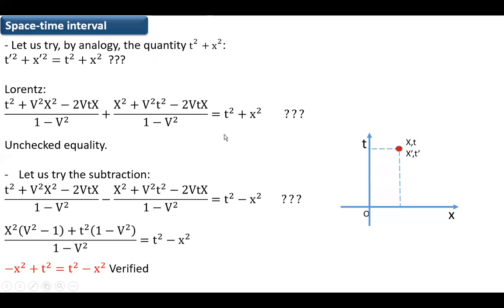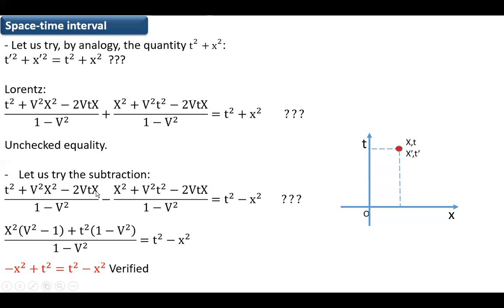So let us try with the quantity t squared minus x squared. Is it equal to t prime squared minus x prime squared? Let us see. So this is t prime squared minus x prime squared. If you put x squared as a common factor, you will get v squared minus 1. And if you put t squared as a common factor, you will get 1 minus v squared.